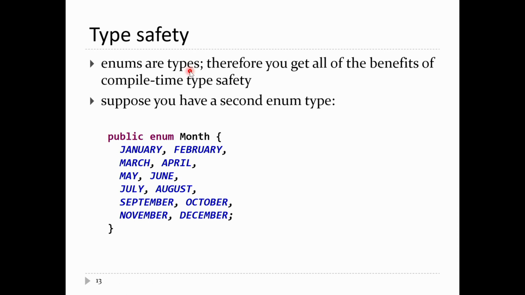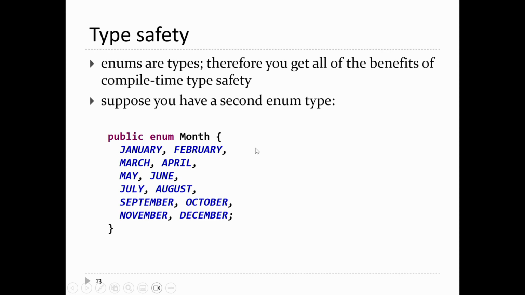Enumerations are proper types. They are classes, and that means they have a proper type. They're a reference type, and that means you get all the benefits of compile time type safety. So imagine we have a second enumeration called Month of the year. Oops, sorry, there's a missing slide.